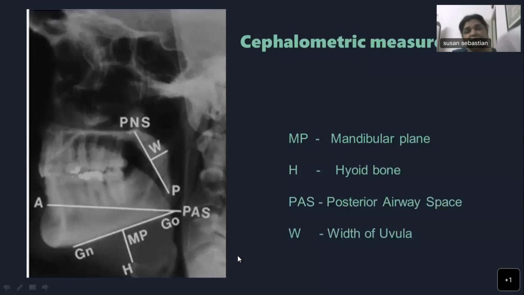Now the radiological investigations. This is an X-ray of the lateral view of the skull. You can see this is the posterior nasal spine, this is the soft palate, this is the midpoint of the mandible towards the posterior pharyngeal wall. This is the lower border of the mandible.